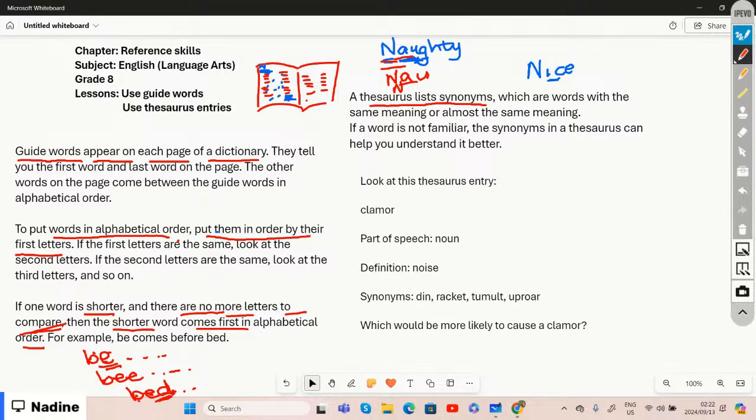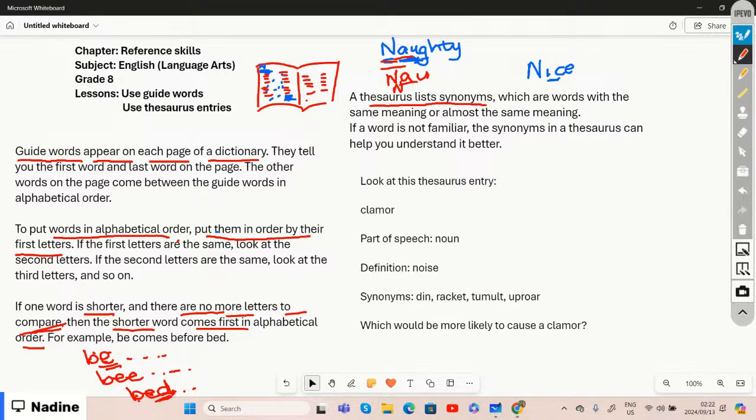Whereas with a dictionary, you look for a word. So if you look for the word naughty, for example, then in a dictionary, they're going to give you all the different meanings of the word naughty.